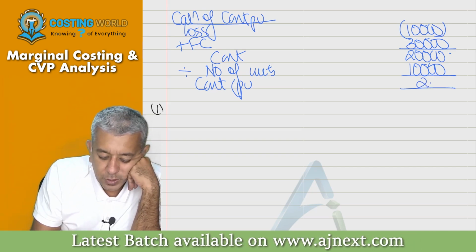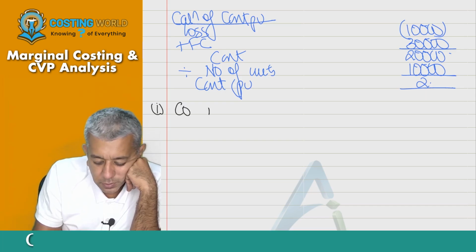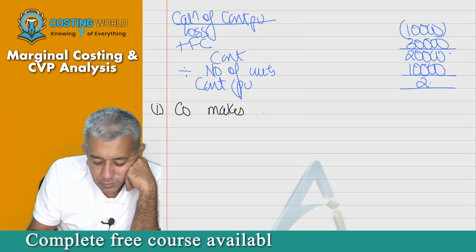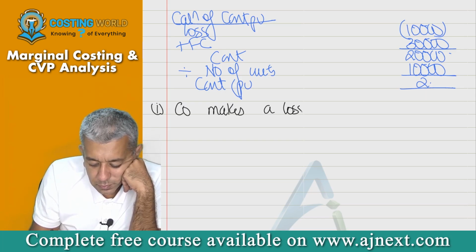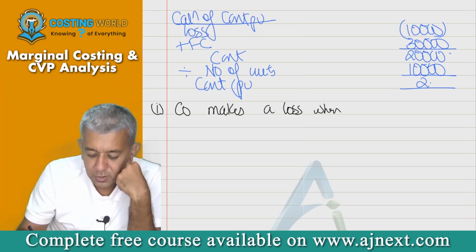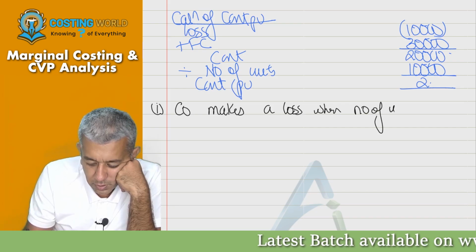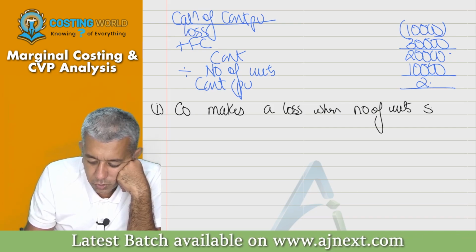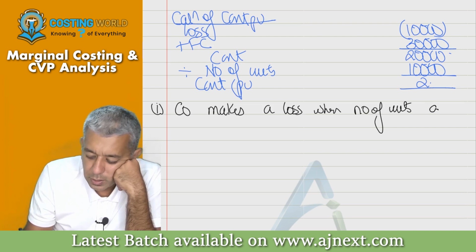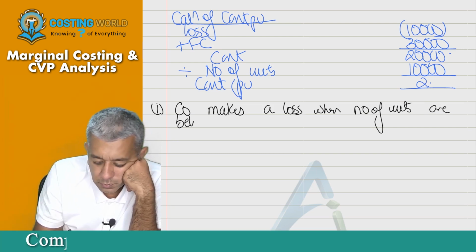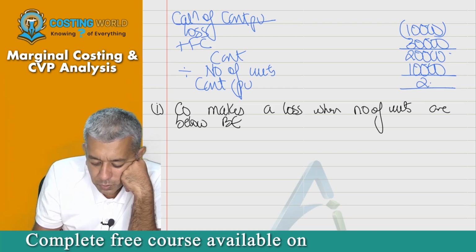Let's solve part 1. Write down. Company makes a loss when number of units sold are below break-even point.